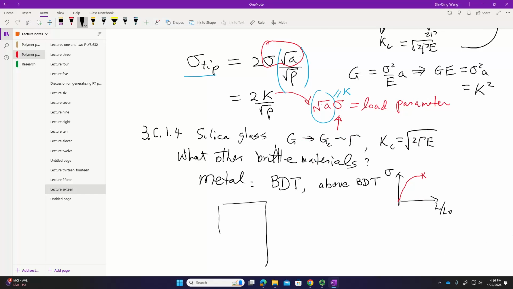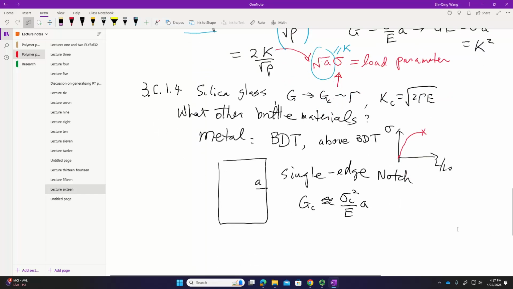right? Today I introduced you to a word called single edge notch. In other words, forget about doing it internally, just make a cut on the edge of size a. And you can start to get busy, measure what is GC, because GC is operationally defined simply by this. I'm going to omit the prefactors, okay? It's simply defined by this.